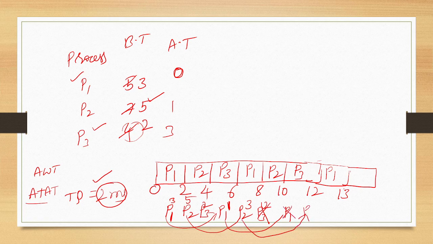Here P1 is completed. Next who is waiting, P2. What is the remaining time? 3 milliseconds. We don't need to allocate 2 here, because P1 and P3 are completed and no one is waiting. So P2 gets its full time: 13 + 3 is 16.